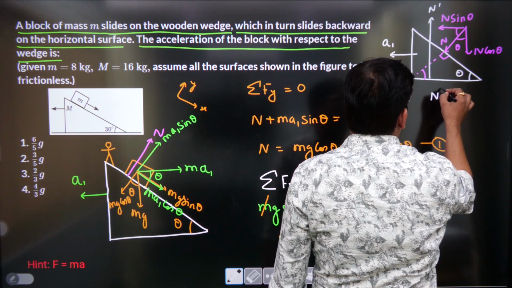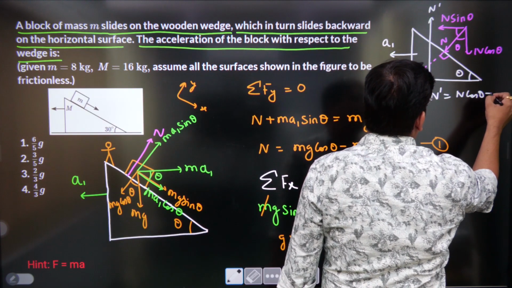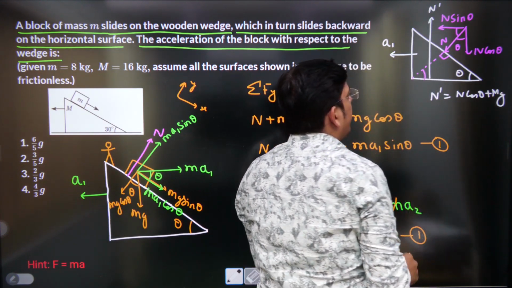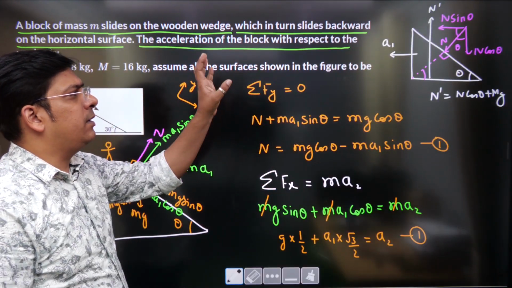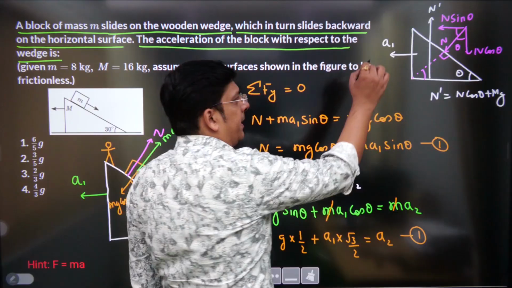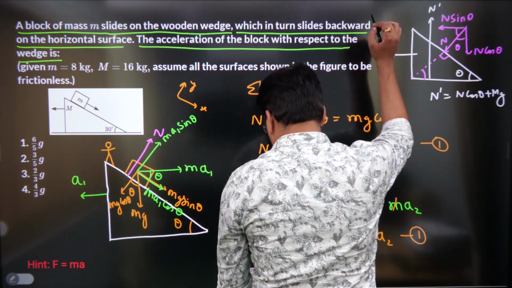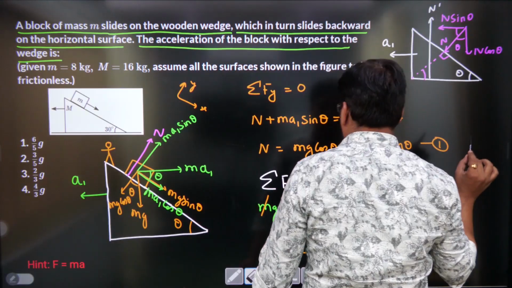So for the wedge, n dash would be n cos theta plus the weight of the wooden wedge. However, I have written this summation Fy for this wedge also along the y-axis. I have taken x and y-axis separately here. But this is not required in the question, so I am going to erase it.